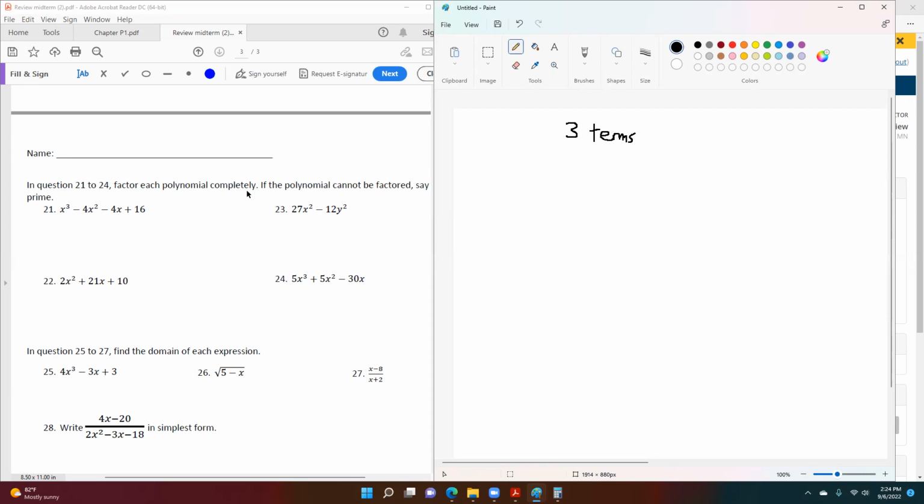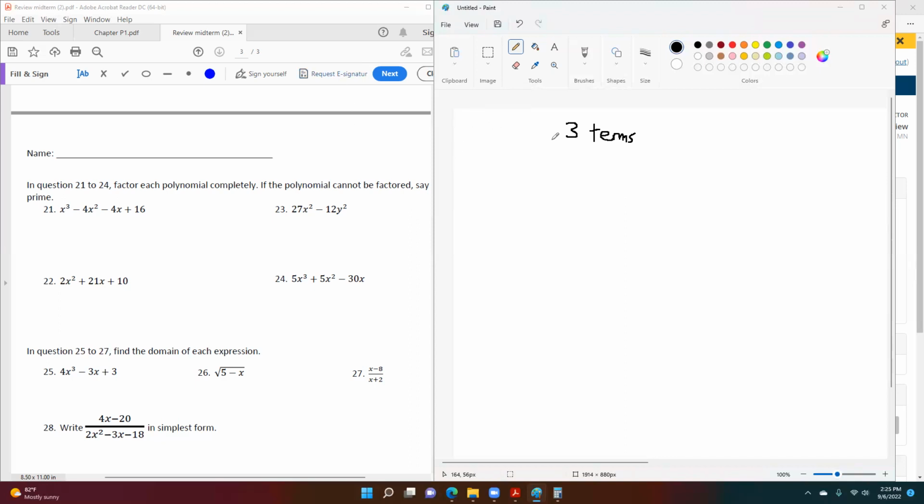Three terms. So this is already 4 terms, right? Yeah. So 4 terms, you just cut it by half. Yeah, I did that for that one. I only did that for 22 and 24. And then 23, you cannot do it, because it only has how many terms? 2 terms. So don't forget the way that you just mentioned, Brian, is only for 3 terms.